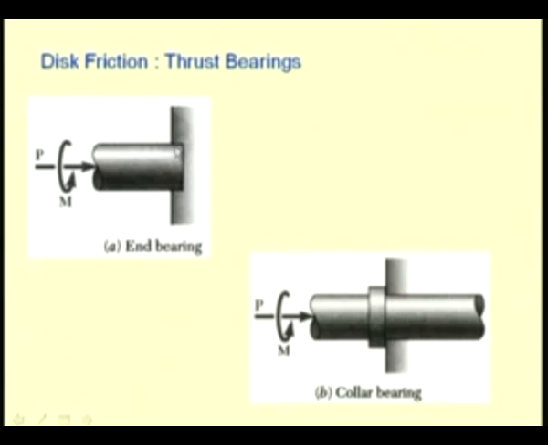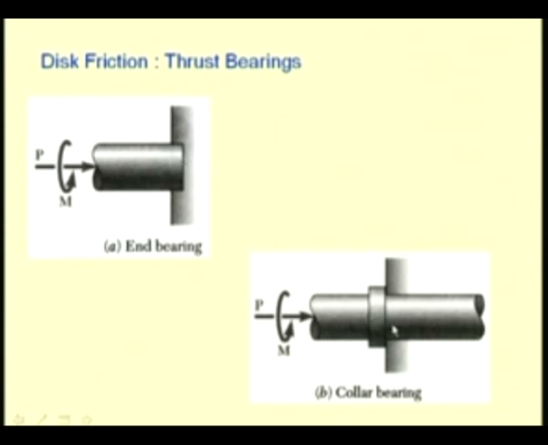So, if some axial force exists in a shaft, in order to prevent the axial movement of the shaft, as well as the shaft has to rotate in order to transmit the required motion, we have to provide a bearing face such as shown in this picture, which supports this axial force, and this shaft is kept in motion because of this torque M. This torque M has to overcome the friction in this contacting face in order to keep this shaft in rotary motion.